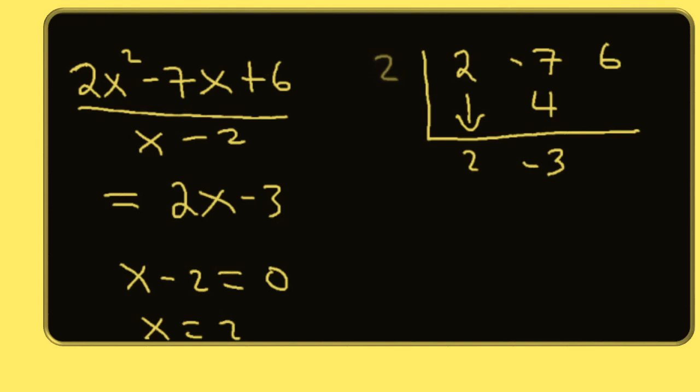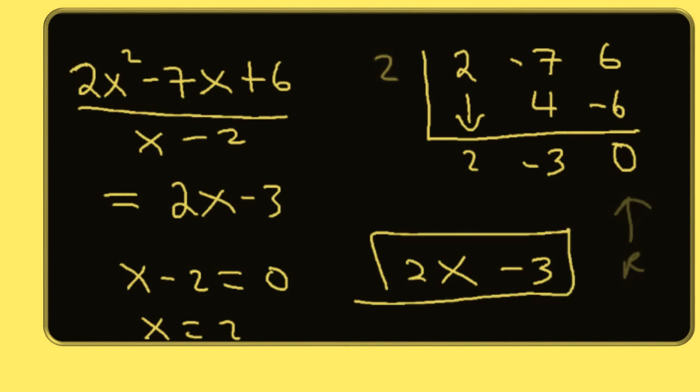So you multiply, add, multiply, and add. Next, 2 times negative 3 is negative 6, and 6 plus negative 6 is 0. So this is the remainder. Negative 3 is the constant, and 2 goes with the x, so it is 2x. When you divide 2x squared by x, you get 2x, so the first term is x to the first power.